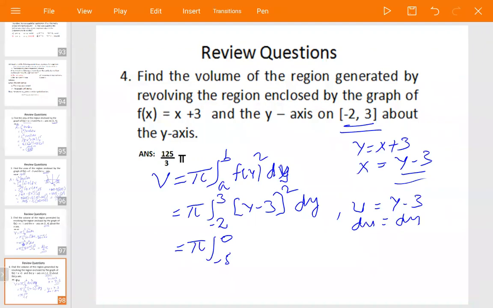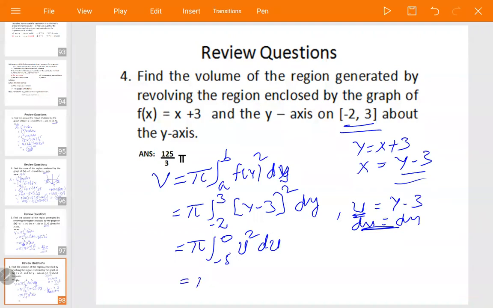Don't forget to convert the lower limit and upper limit of integration to the corresponding limits for the second variable, that is u. So this is u squared, and in place of dy, I have du.